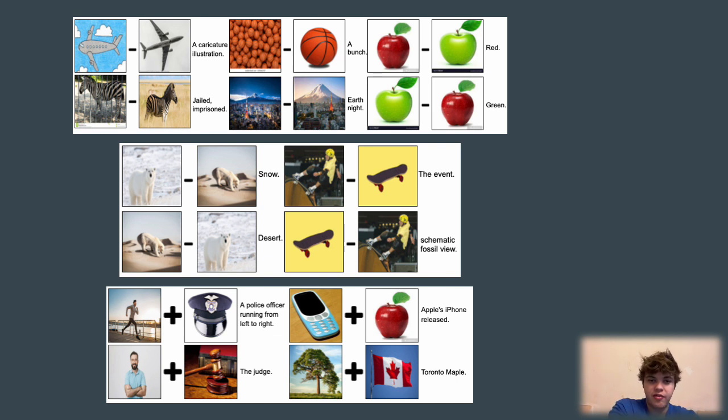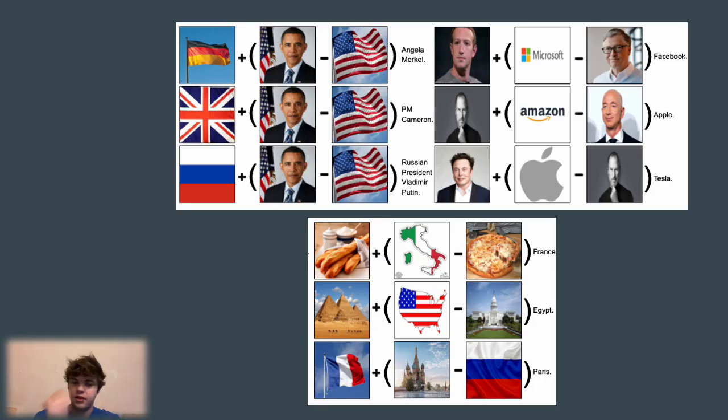Then the next one, you have a bunch of basketballs, and then you have a basketball. So then whenever you subtract these, you just get a bunch. And you can just go through these, and we'll talk about how it's actually coming up with some of these whenever we talk about the tests.